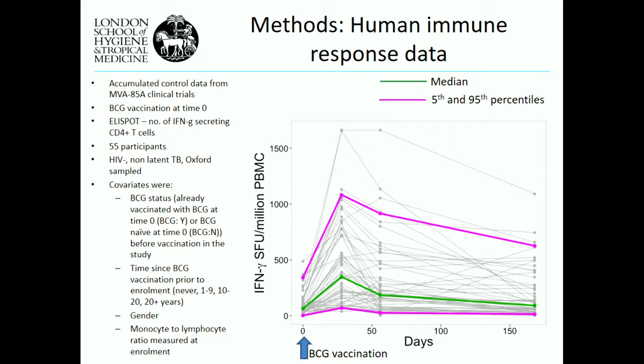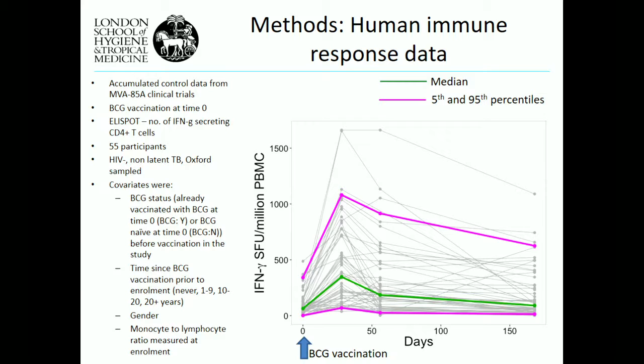The population covariates of this group were BCG status, which fell into 2 categories: either BCG vaccinated before vaccination in the study itself, or BCG naive before vaccination in the study.